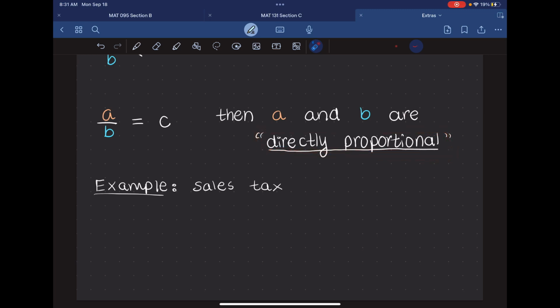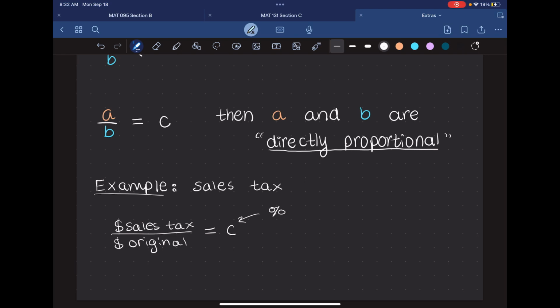So an example of that would be sales tax. So for instance, if I take the amount of sales tax that I pay for an item, and I divide that by the original price, this is going to give me the same constant every time. And that constant actually ends up being the percent sales tax.